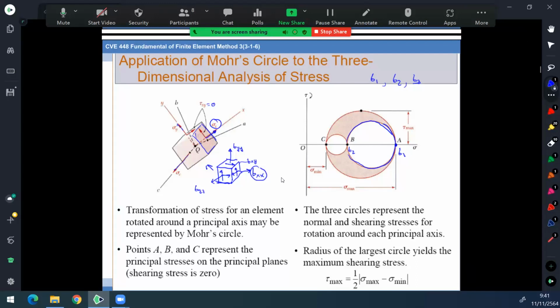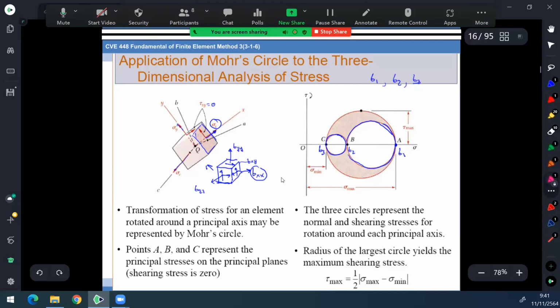But if we consider plane 2, 3, we have sigma 2, 3, like this. But if we consider plane 1, 3, we have the big circle, that is sigma 1, 3, right?